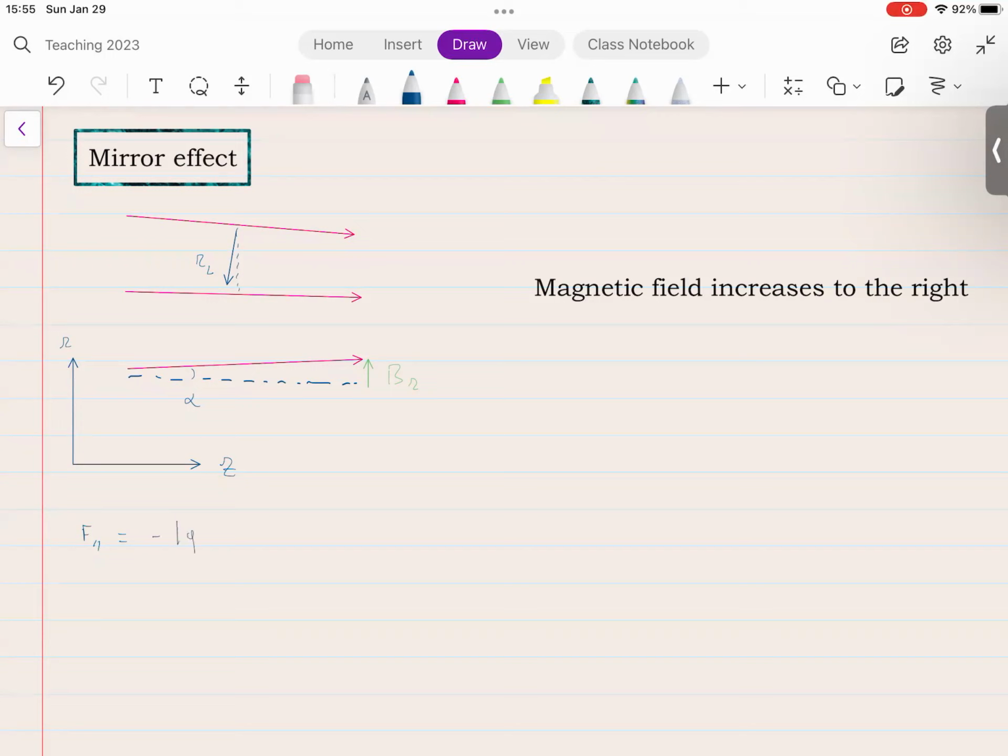It's going to be minus, let's see where the sign comes from, V, wait, this is going to be V perp, but for now I'll just call it V, cross B times the sign of alpha. That's Q V perp times B times sine of alpha.